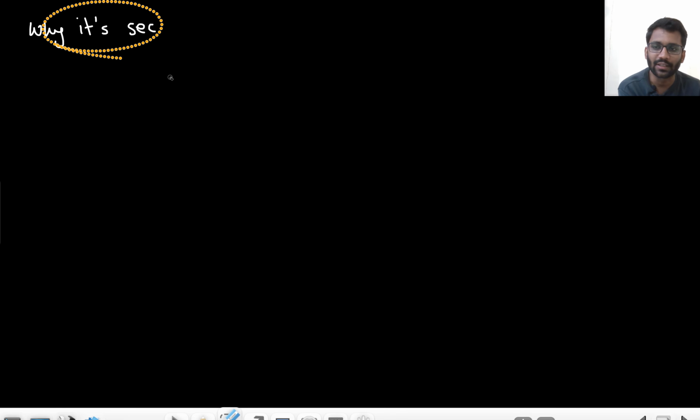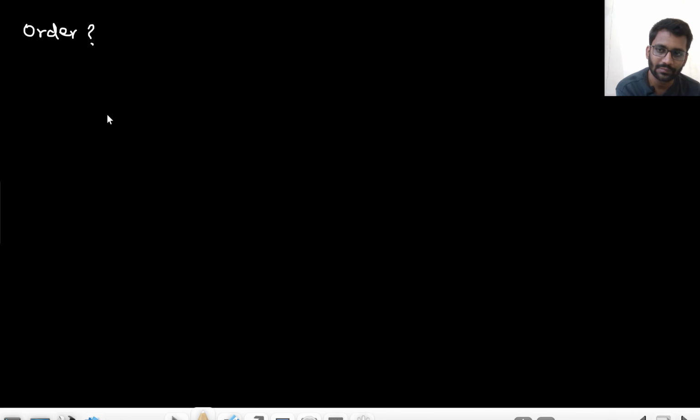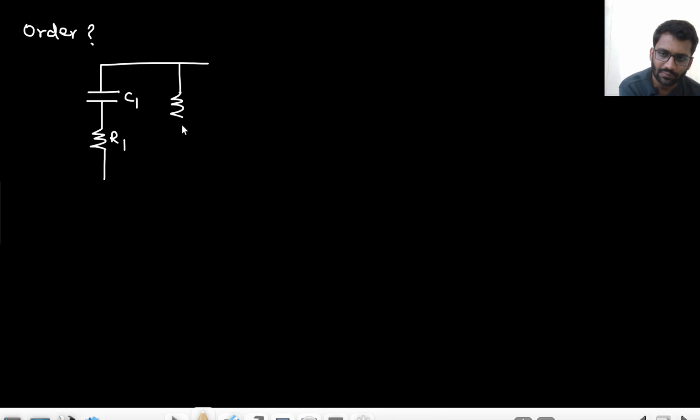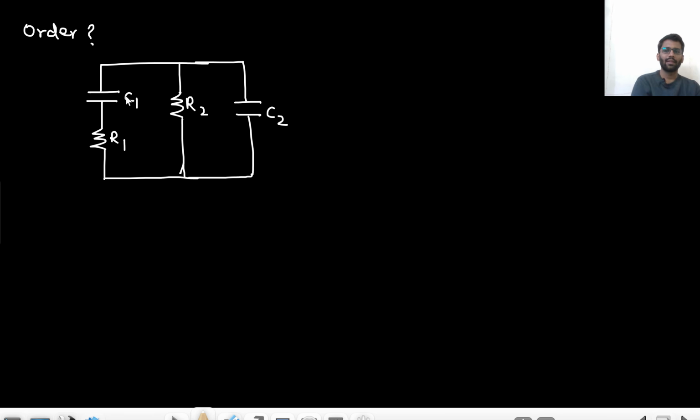Okay, what is the order of the circuit? I will just find it. I'm not just telling you this is second order. What is the order of the circuit? This is C1, R, this is R2, this is C2. Can you make both of the capacitors as one capacitor?